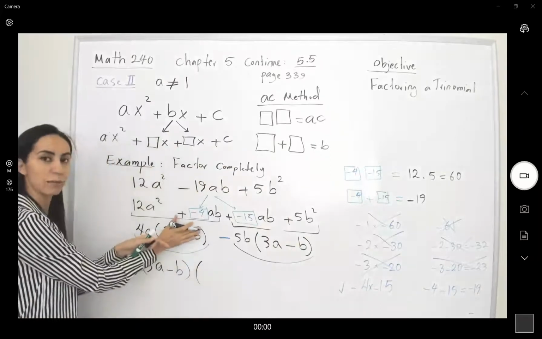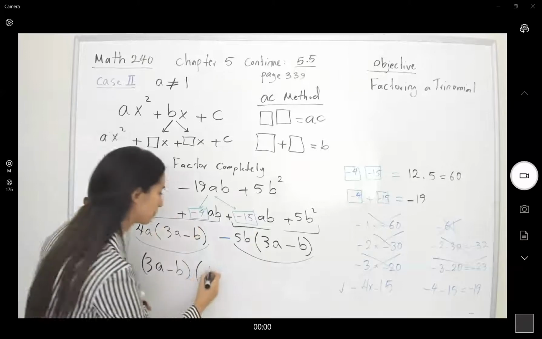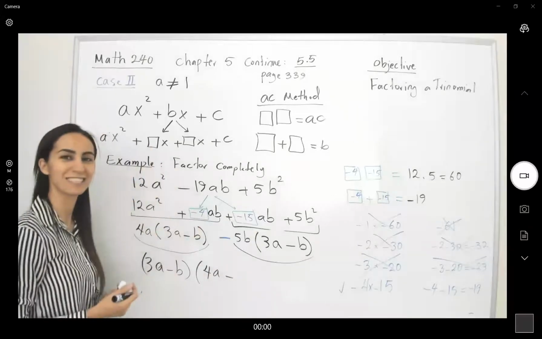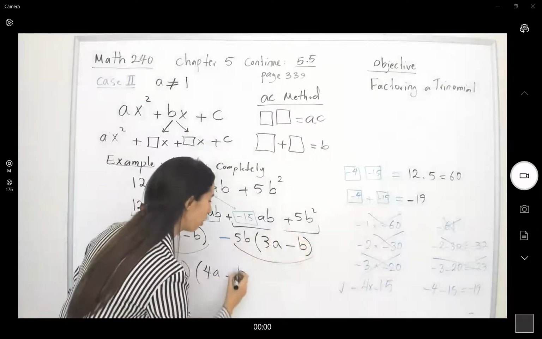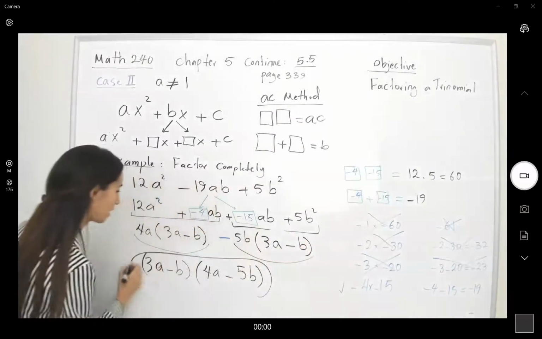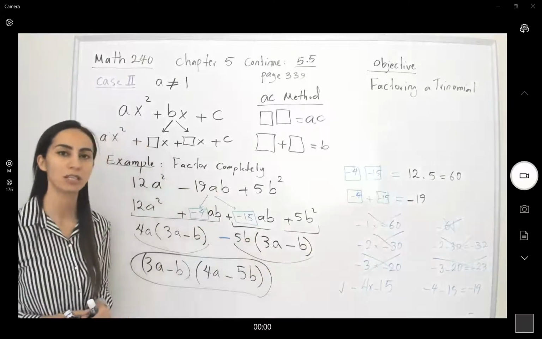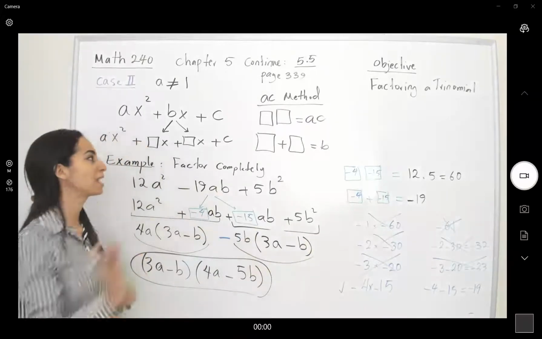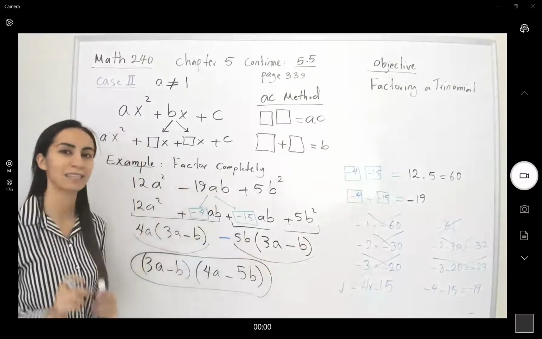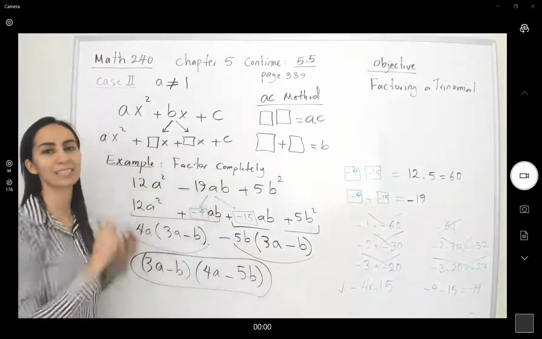If I factor out 3a minus b from the first addend, I'm left with 4a minus. If I factor out 3a minus b from the second addend, again, 5b back. Here I have the complete factorization. You can always check your work by multiplying these back and getting the exact same original given expression in the exam.